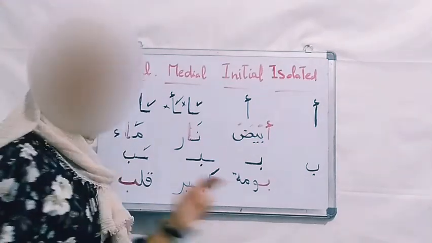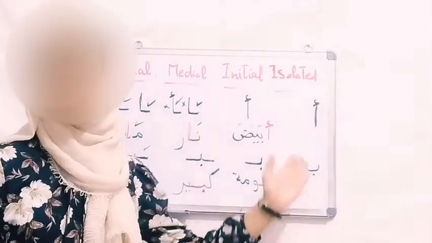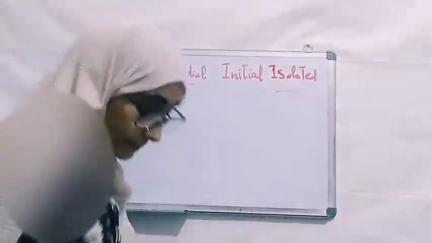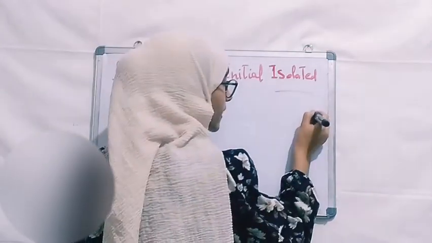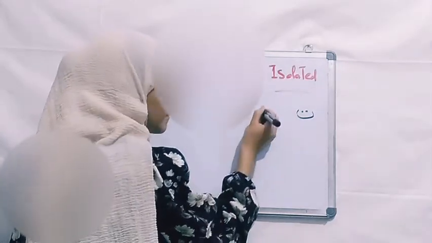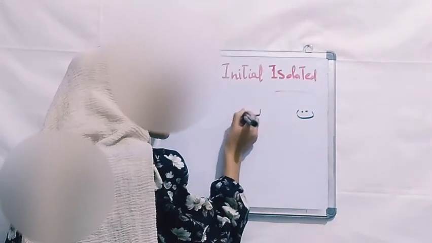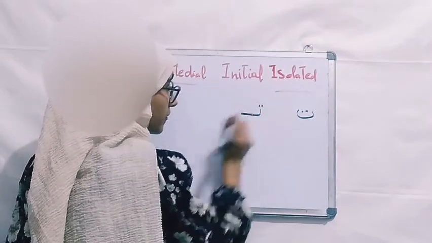Now you know how to write ba, so it's easier for you to know ta and tha. Let's see ta. In initial form it's like ba: you keep the straight line and you write two dots on top of it.